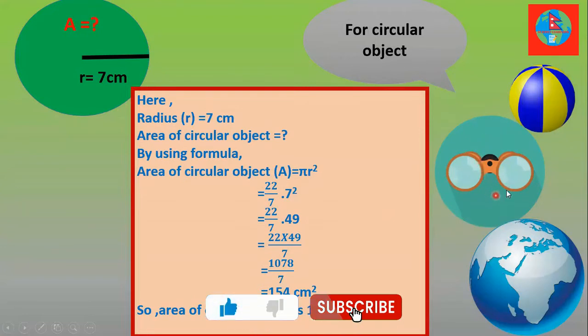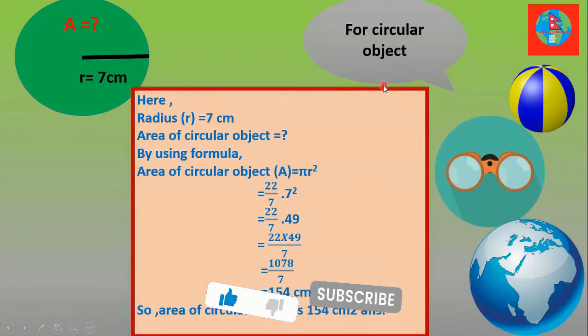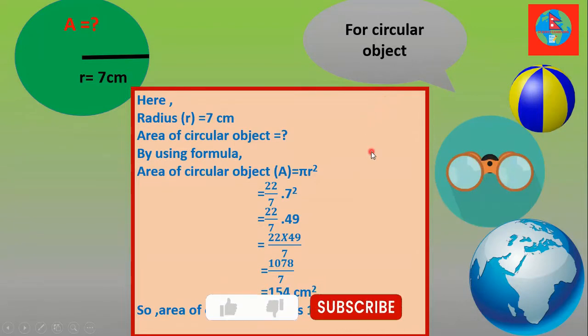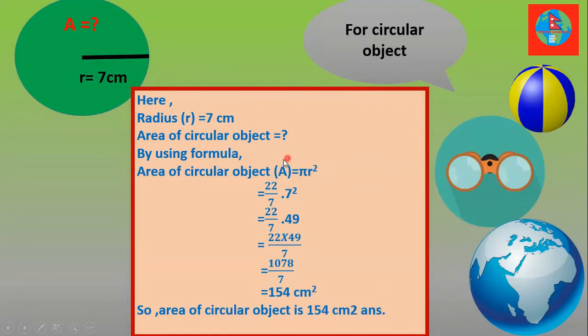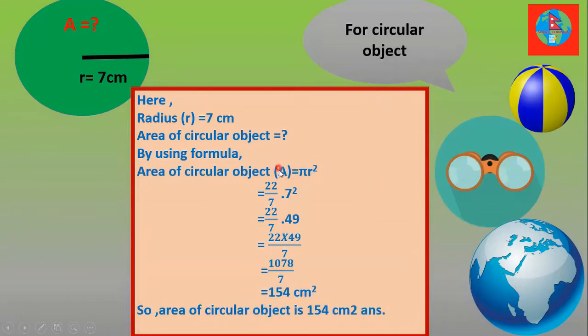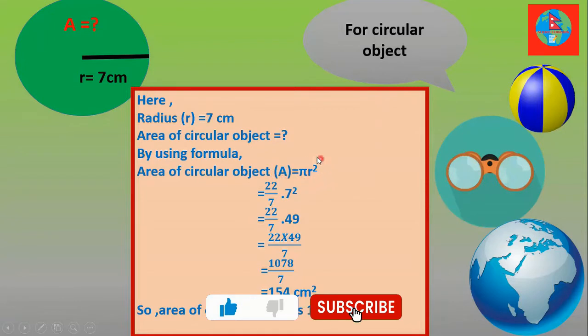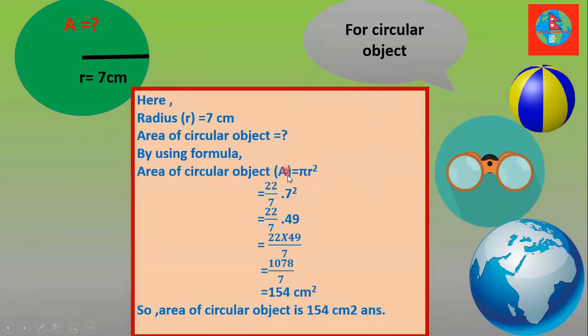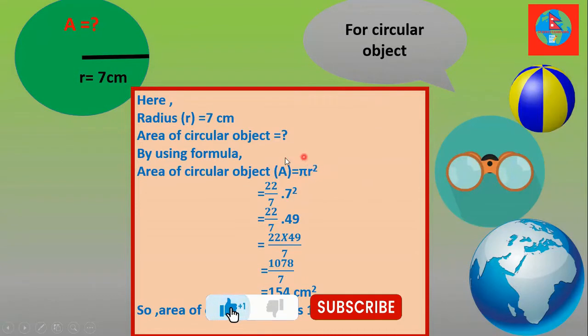For circular or round objects, we can find the area by using the formula A is equal to pi r square. Keep it in mind.